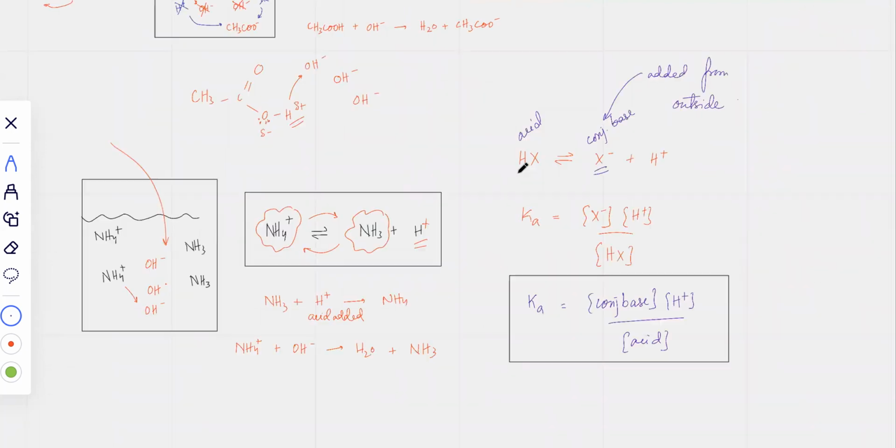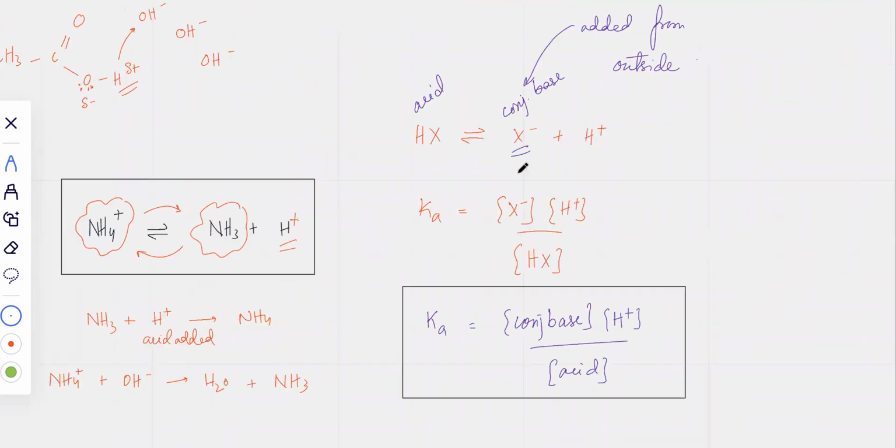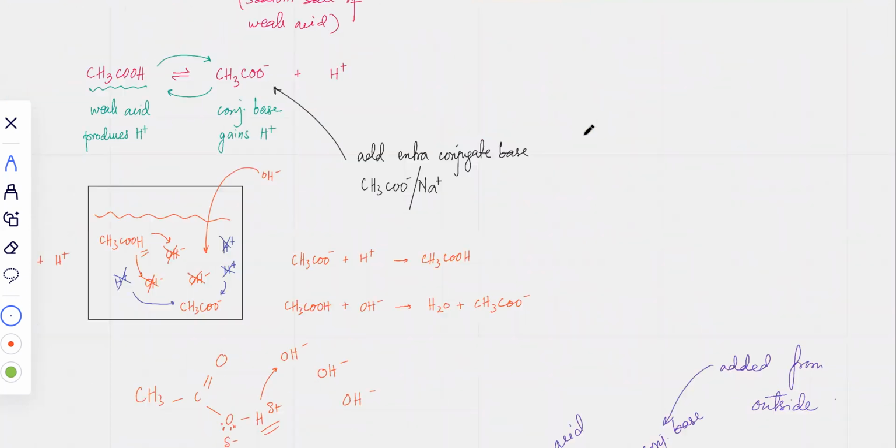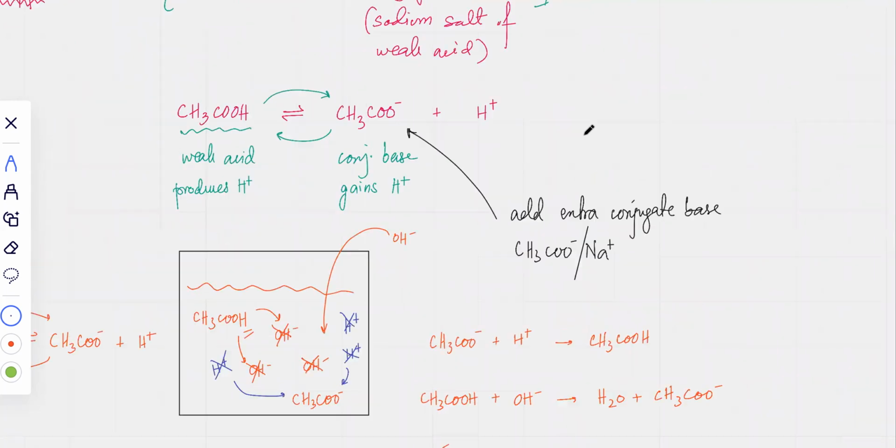And we talked about the expression for Ka. I told you that whatever is present in the solution follows the same equation as for a weak acid, except with one difference: you have to add extra conjugate base. You need plenty of this ion as well as the acid. So you add a weak acid, but you also add extra ethanoate ions, or these conjugate base ions.